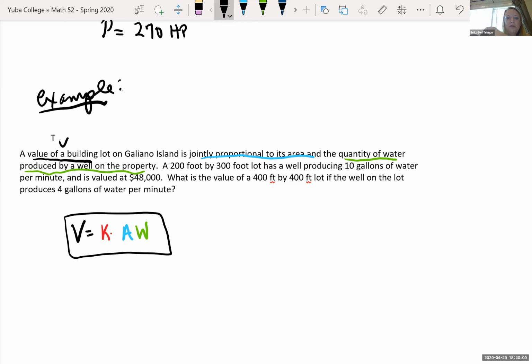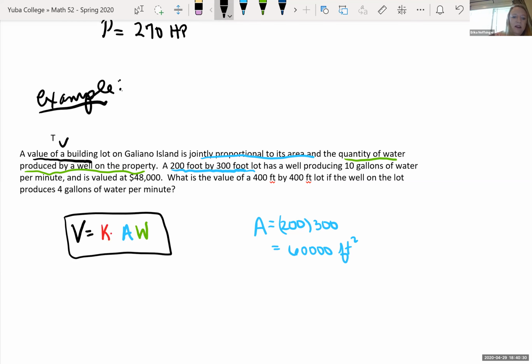And so it tells me that a 200 by 300-foot lot. Okay, so the area of this lot is 200 times 300, which is equal to 2 times 3, which is 6, and we have 4 zeros. So 60,000 square feet. So let's put that in.